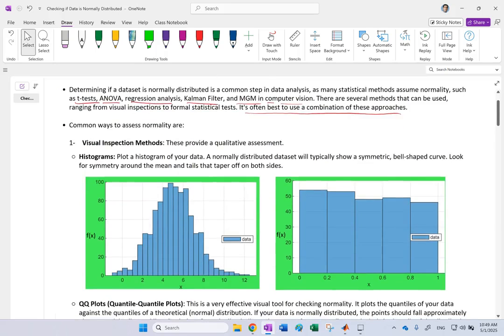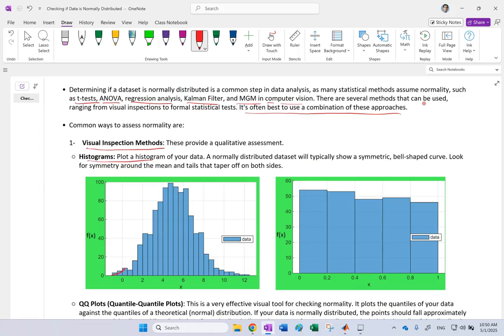So what are these? The first group is called visual inspection techniques or methods. The simplest one is to plot a histogram and look whether the histogram of data looks like a bell-shaped curve or not. So for instance, here I have two different histograms. One is made for data from a normal distribution and the second one from a uniform distribution.